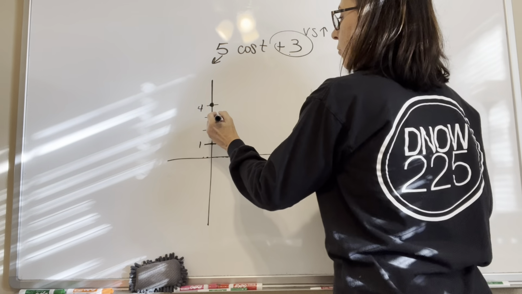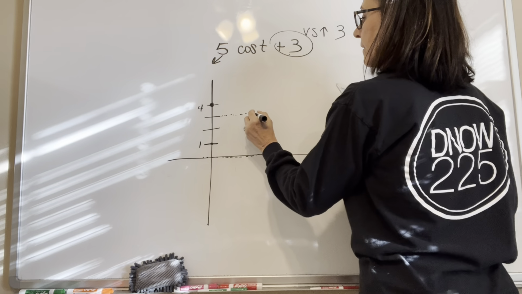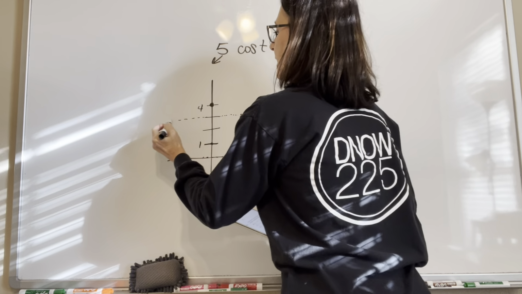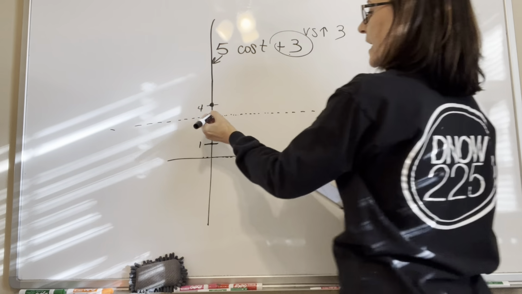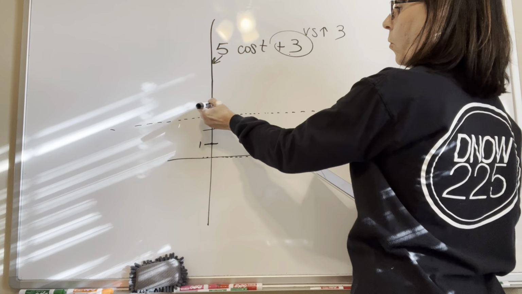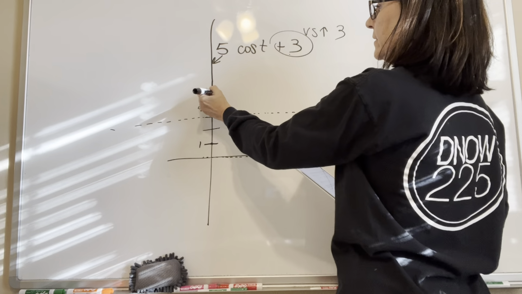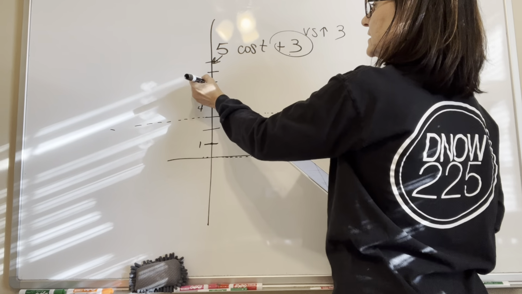And now the one right below it becomes my imaginary new x-axis. But instead of just going up 1 from that imaginary x-axis, we're going to go up 5. So that's 1, 2, 3, 4, 5. So it's 4, 5, 6, 7.